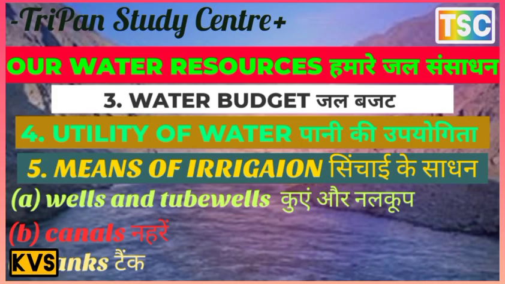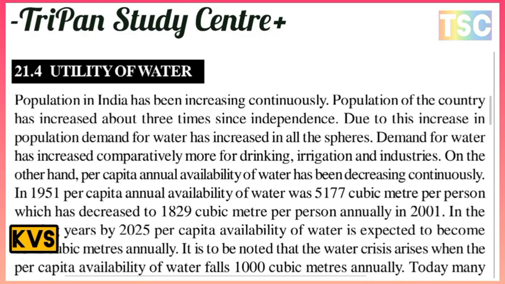The next topic, which is most important here, is the utility of water. Our population in India has been increasing continuously. The population of the country has increased about 3 times since independence.